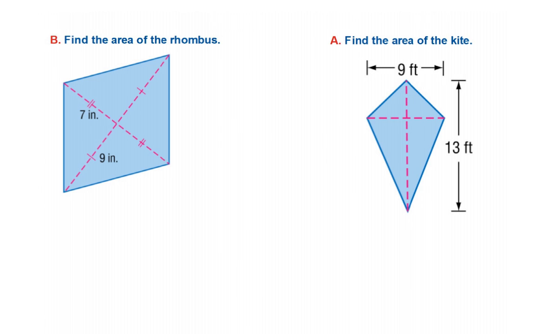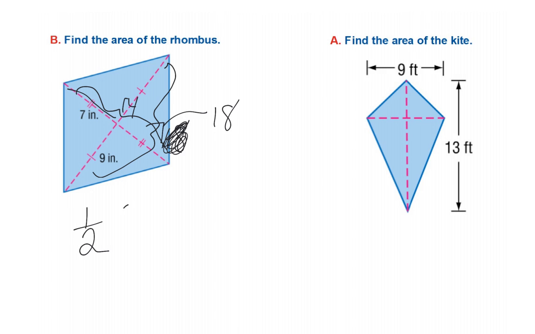Looking at this rhombus right here, what I notice is that it's only part of the length. So the whole length here is 7 plus 7, which is 14. And then the other diagonal will be 9 plus 9, which is 18. So remember the equation of a rhombus.